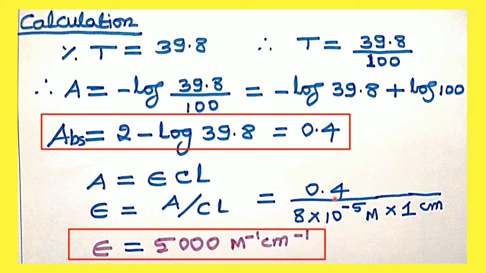Similarly, transmittance also has no unit. So 0.4 divided by 8 into 10 power minus 5 molar into 1 centimeter. On calculating this, the molar absorption coefficient, molar absorptivity or molar extinction coefficient, equal to 5000 mole inverse centimeter inverse.